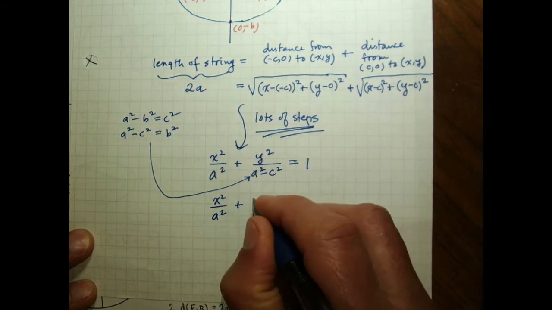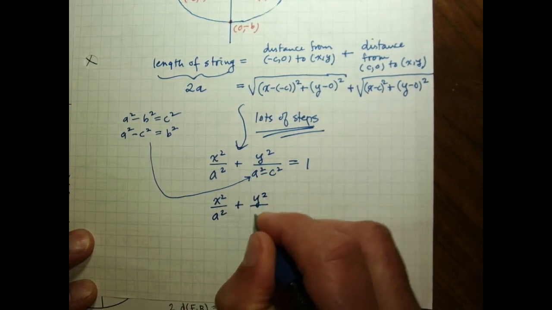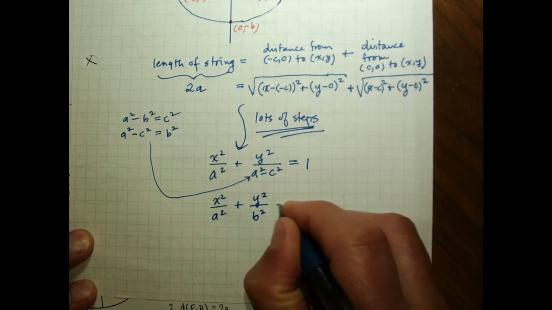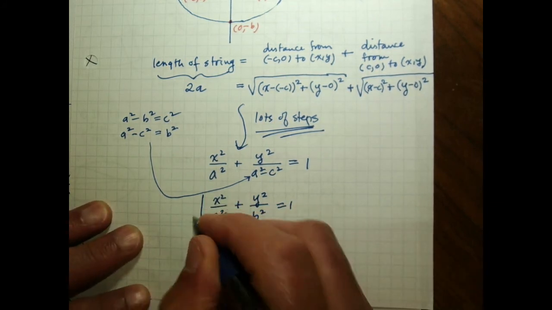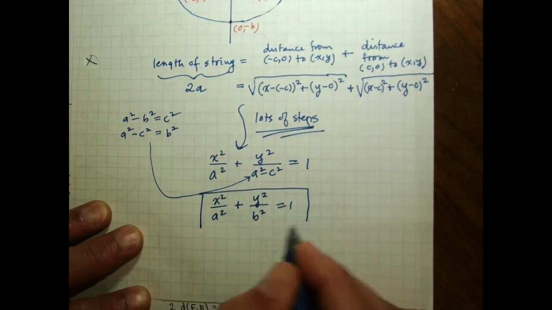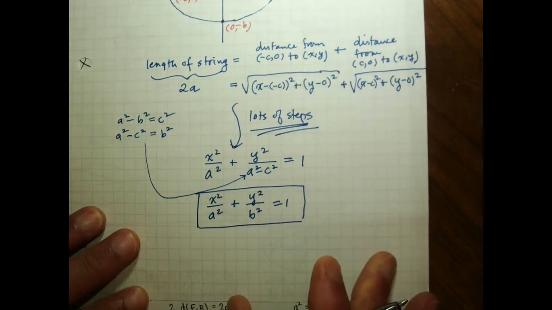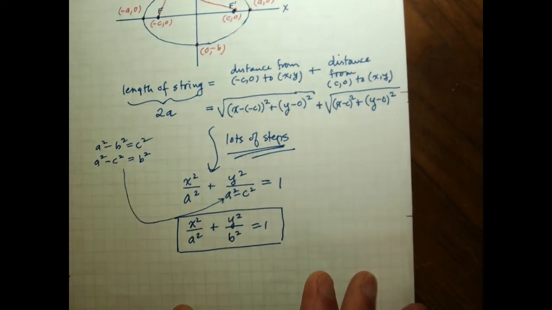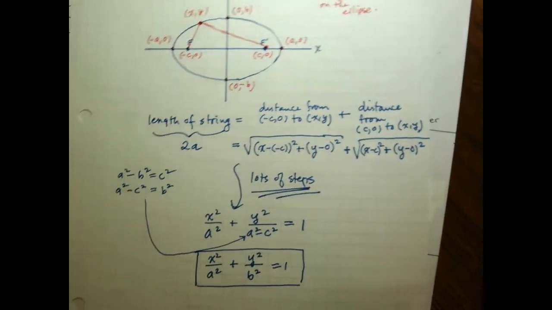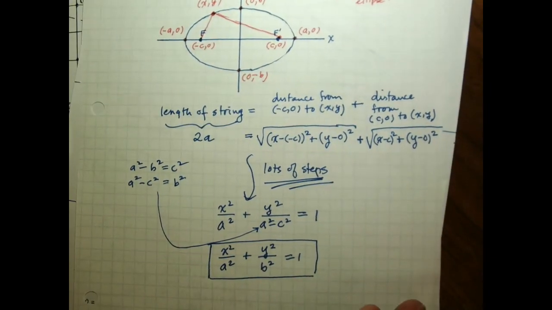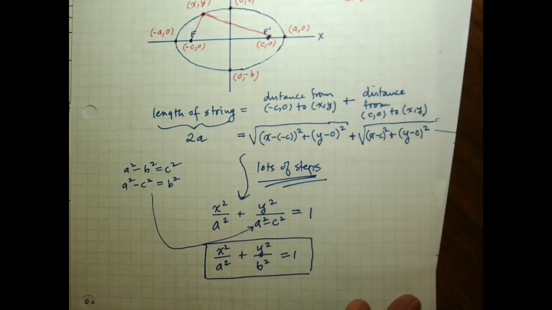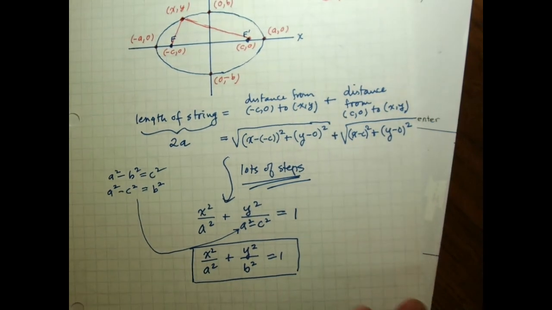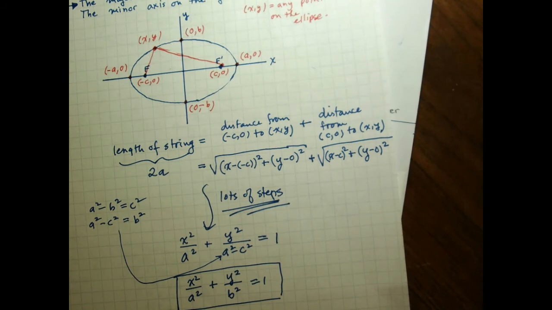So I get x squared over a squared plus y squared over b squared equals 1, and that's called the standard form of the equation of an ellipse. So my goal in this video was to get from the string description of an ellipse to this form of the equation.